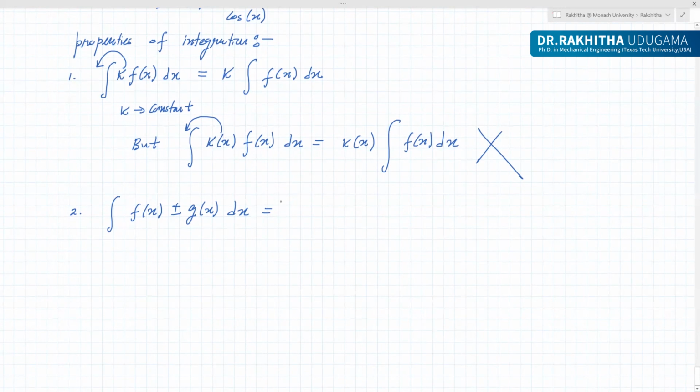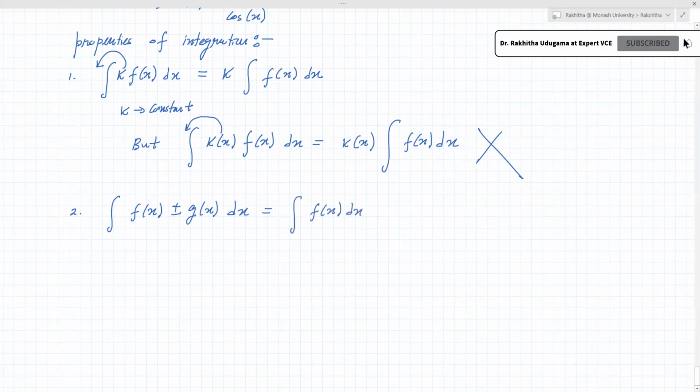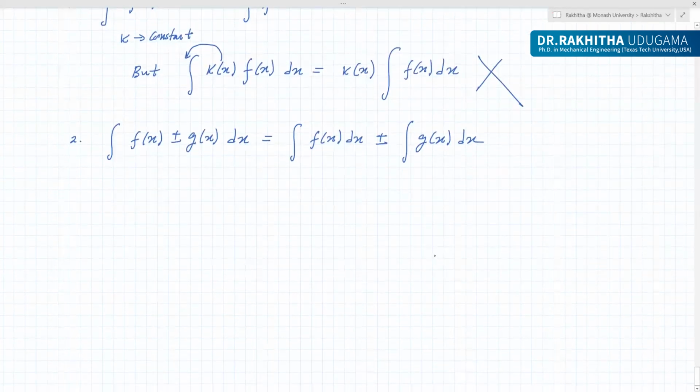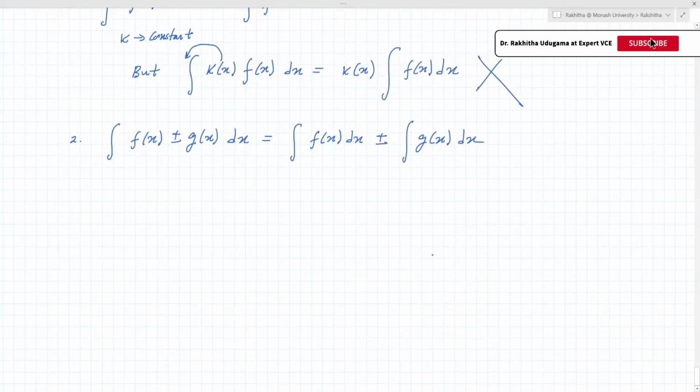If you have a situation like that, you can individually integrate: the integration of f(x) dx, then plus or minus the integration of g(x) dx. So you can do that. Now that's it for our syllabus. That's all we have.